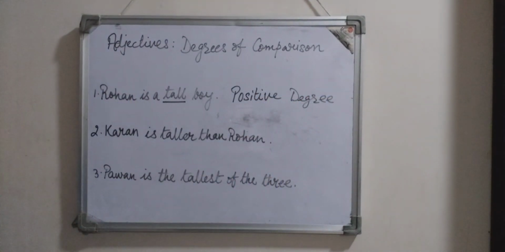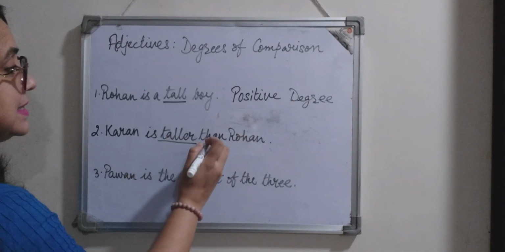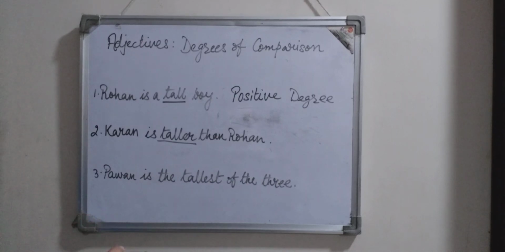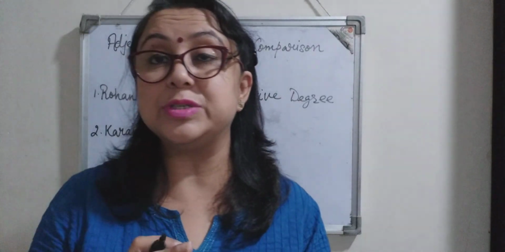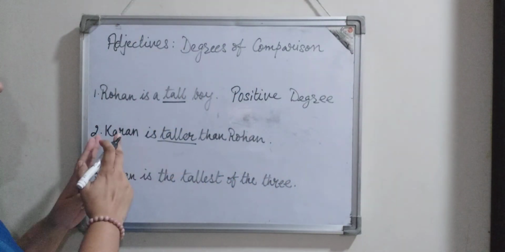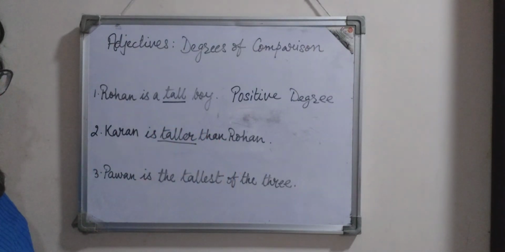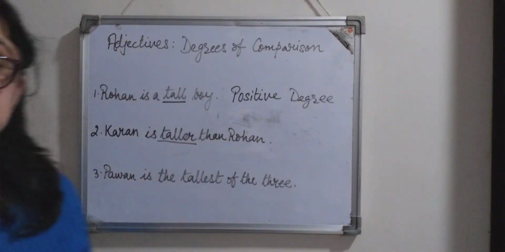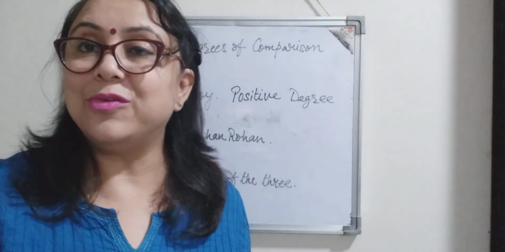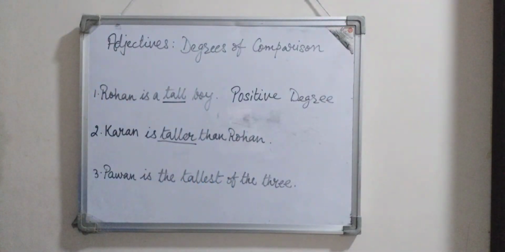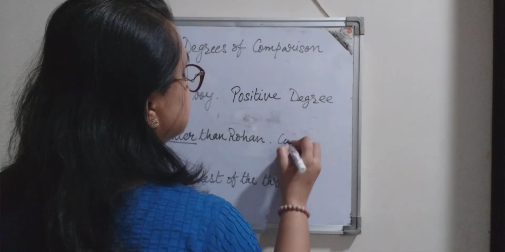In the next sentence, we see Karan is taller than Rohan. So we can see a comparison between two, that is Karan and Rohan, right? A comparison is drawn. So obviously this is comparative degree.